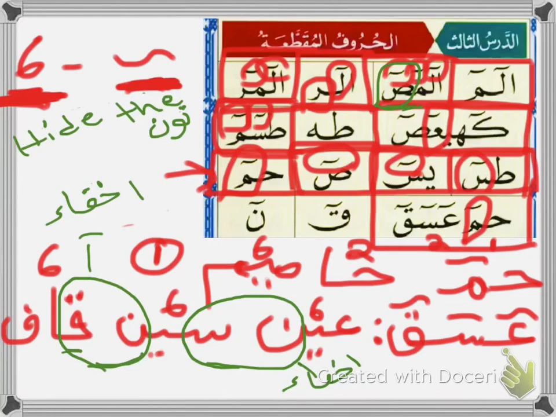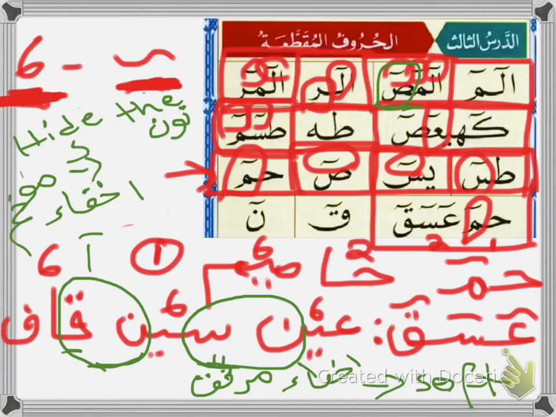The only difference: the Sin is harf muraqqaq, soft, so we do Ikhfa muraqqaq. That means our Ikhfa is going to be soft. Over here the Qaf is harf mufakham, so the Ikhfa is going to be mufakham. That means strong.